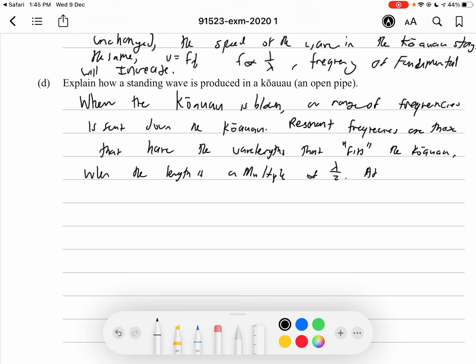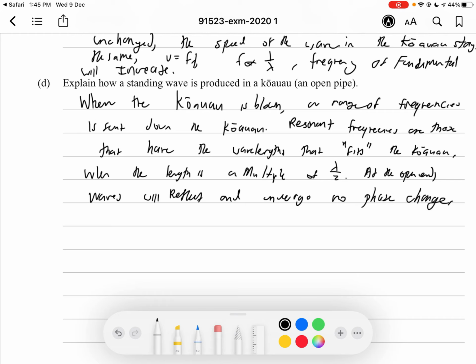You can say that at the open end, there's no phase change.